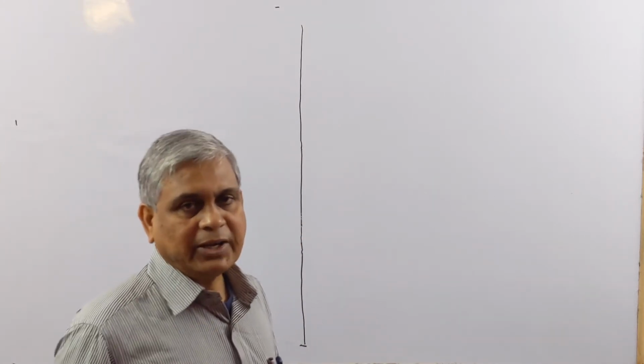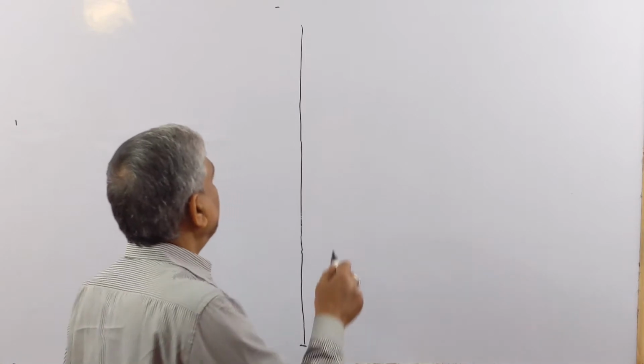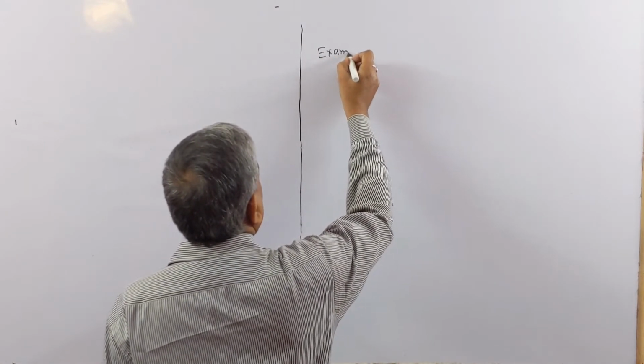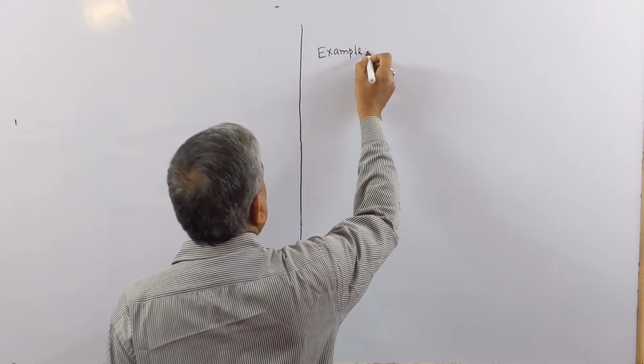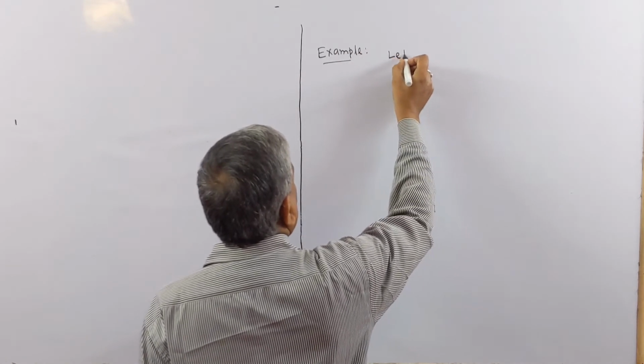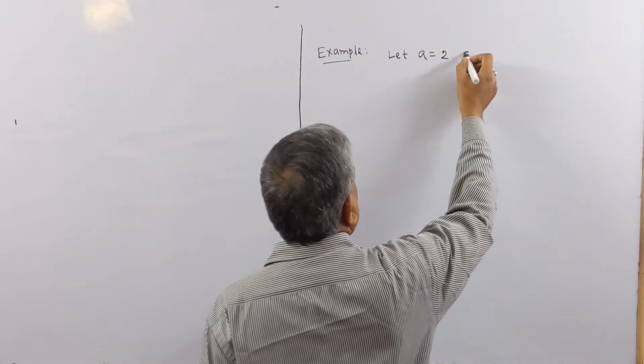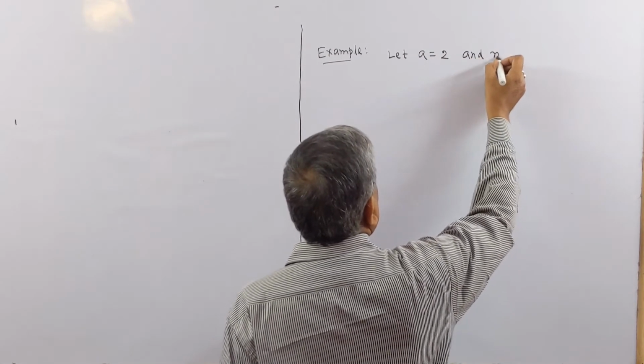Now we verify the theorem by particular example. Let a equal to 2 and m equal to 5.